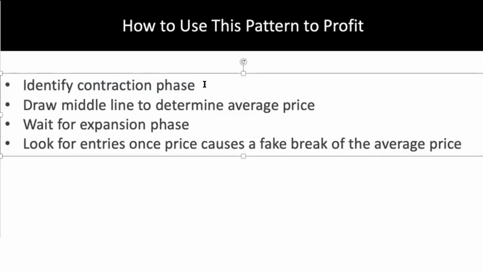Don't worry, we'll make this crystal clear for you. Step number 3 is to wait for the expansion phase, because after the expansion phase comes the trend phase, and remember that we want to be trading the trend phase. Step number 4, we look for entries once price causes a fake break of the average price.